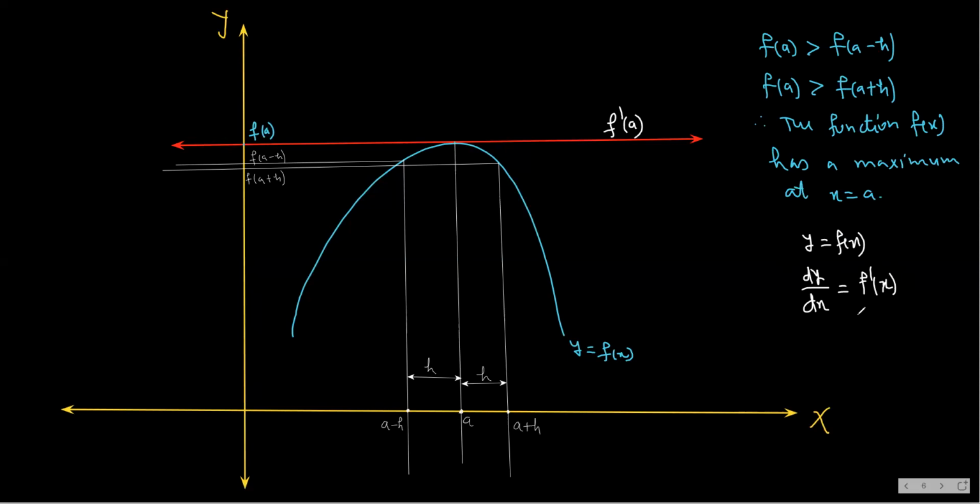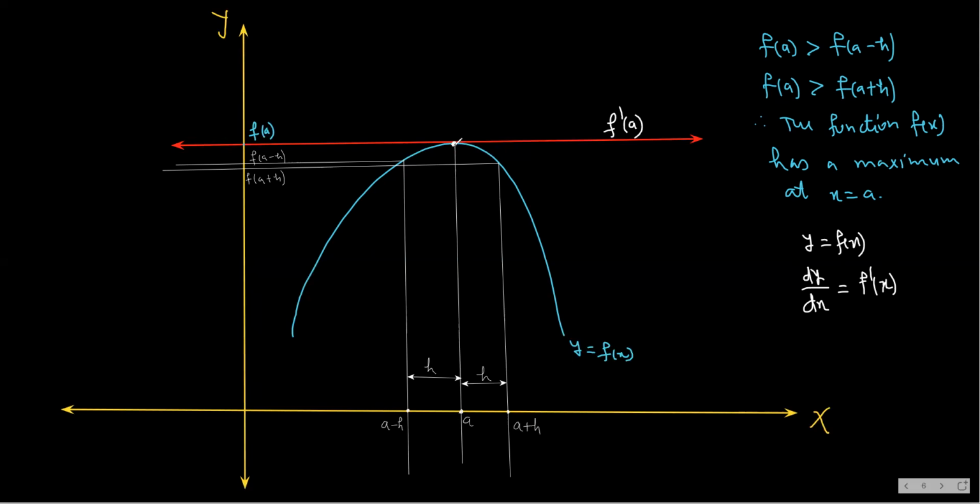Now you substitute the value of x in this. If you want the slope of the tangent at x equals a, you substitute x equals a.